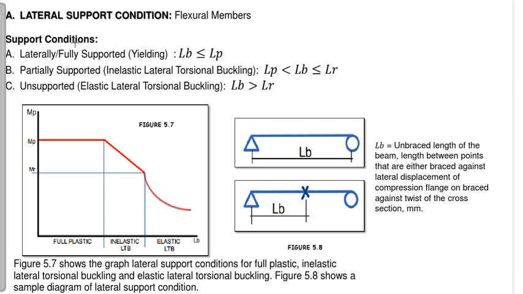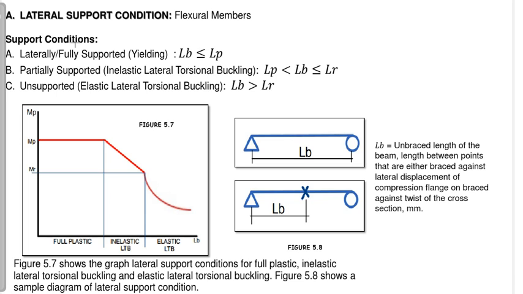So, pagka non-compact naman, yung limit state natin is yung localized. Pwede sa flange or pwede sa web magkakaroon ng local buckling. Okay, so for the compactness, we can identify the limit state of our section. However, that would not be enough para sabihin na yung limit state ng section natin is yielding or yung lateral torsional buckling.